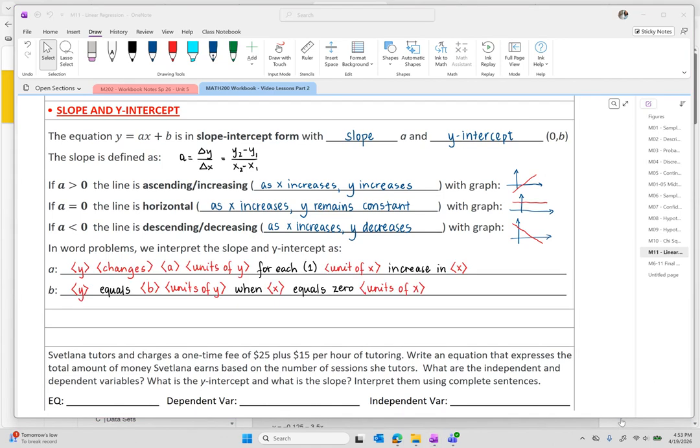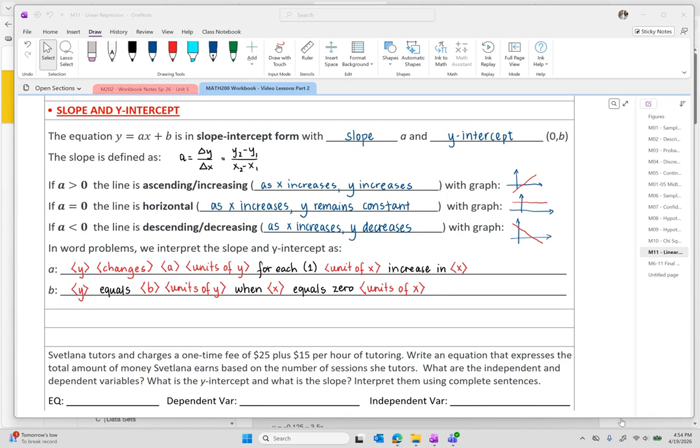So a scripted way to state the slope and the y-intercept will be to state the slope as: y changes a units of y for each 1 unit of x increase in x. You want to replace y with the name of the dependent variable, and it changes with either an increase or decrease based on the sign of a, if a is positive or negative.